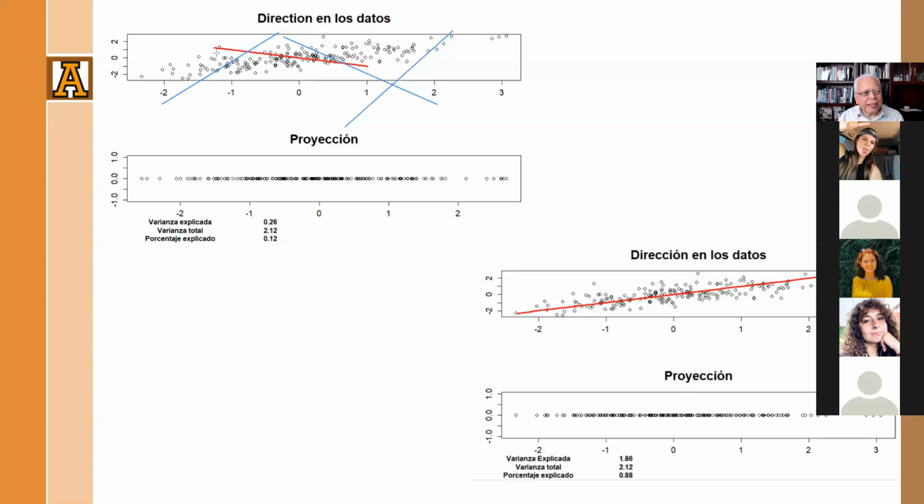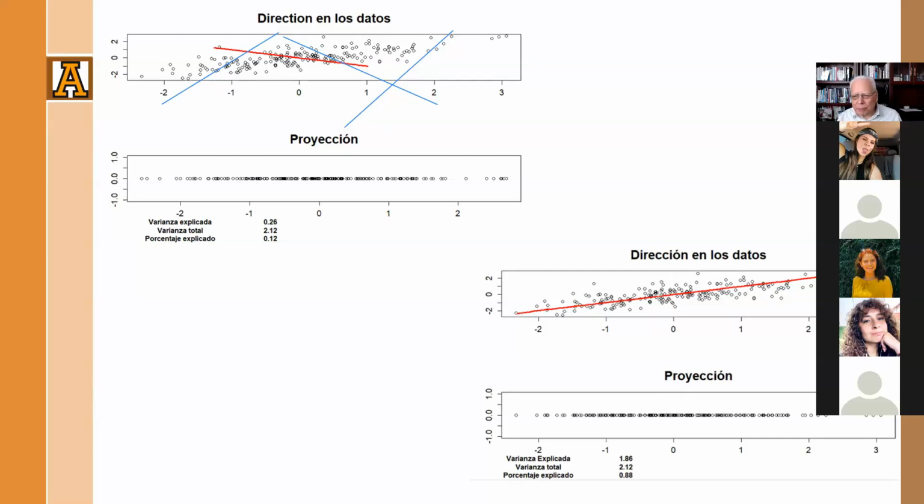And if you project this data onto these different vectors, you'll see that none of these explains a lot of the variability. But this vector that we have here does explain a lot of the variability, because most of the variability is occurring along this direction.